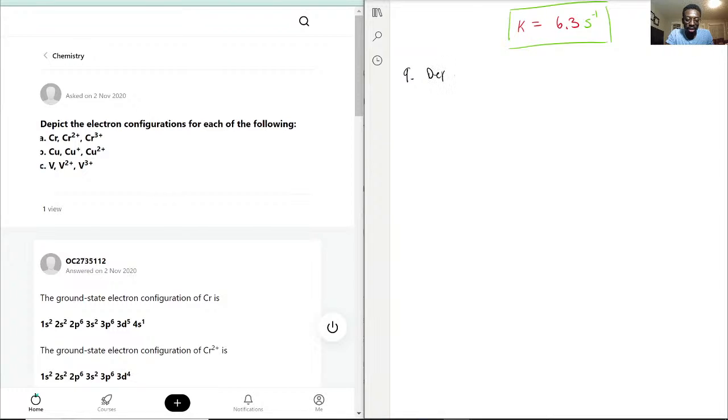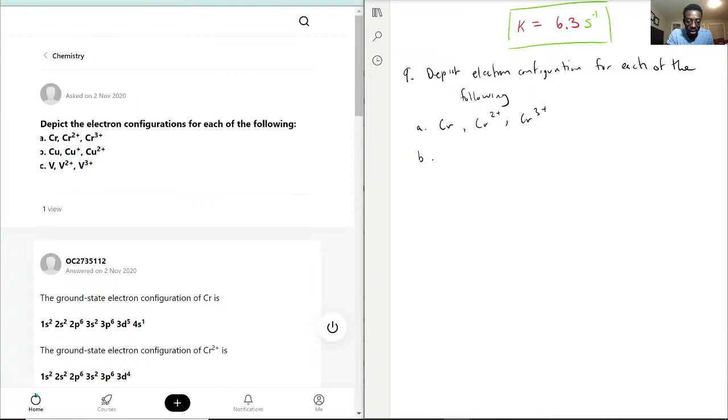So, depict electron configuration for each of the following. I'm just going to write everything down here. A is chromium, chromium 2 plus, and chromium 3 plus.